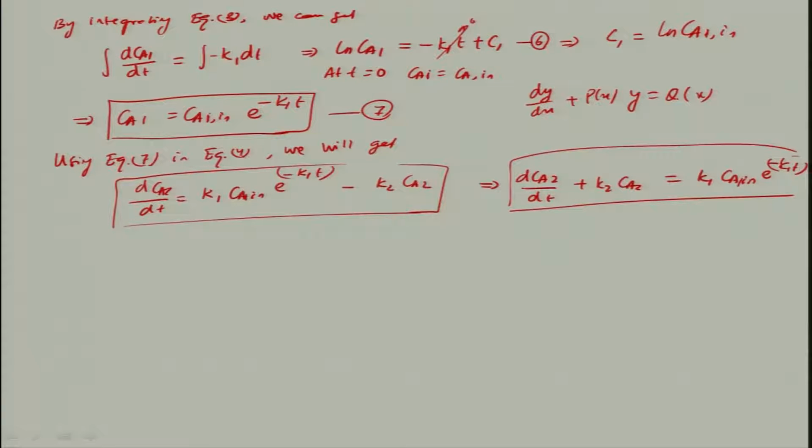So now I want to solve it, I know the solution. What is that solution? We will have to find the integrating factor. In this case, what will be the integrating factor? It will be e to the power integral of K2 dt, because this is your P(x), and this is your y.